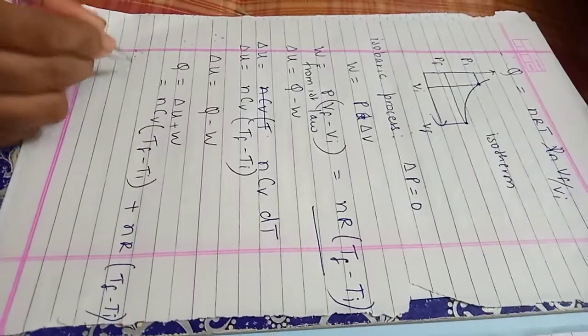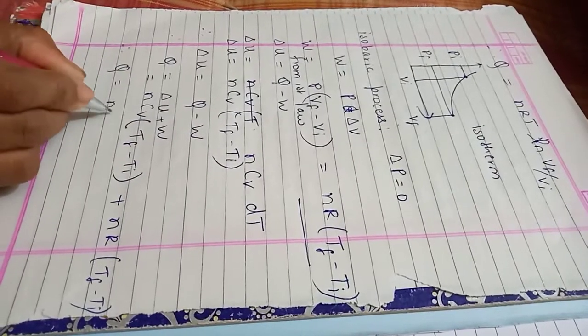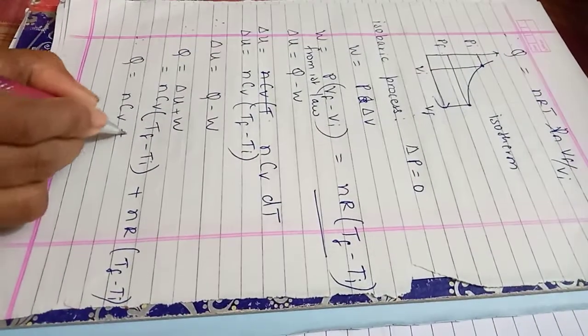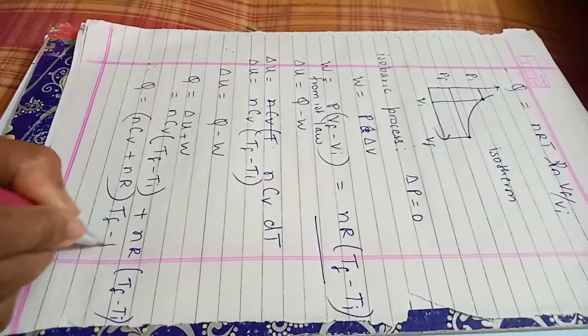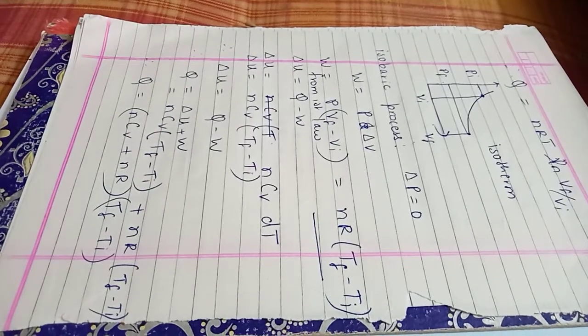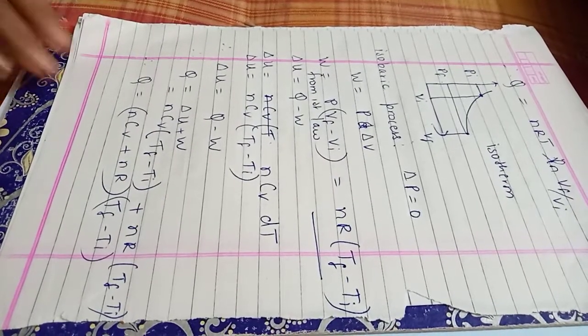Therefore, Q is equal to nCv plus nR, (Tf minus Ti). Take the common factor out.